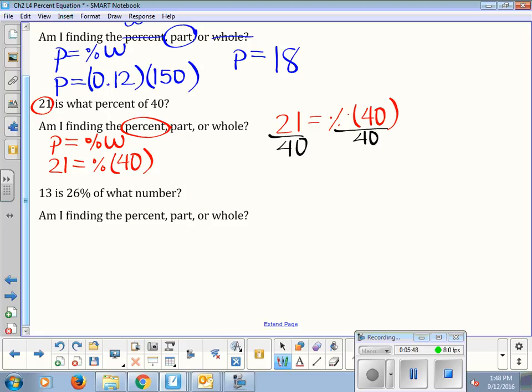And we'll get 21 divided by 40, which is 0.525, and we have to change that back to a percent. We're looking for a percent and it's written as a decimal, so we move our decimal place 2 places to the right and we get 52.5%.